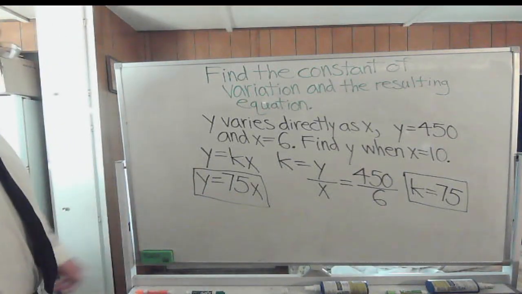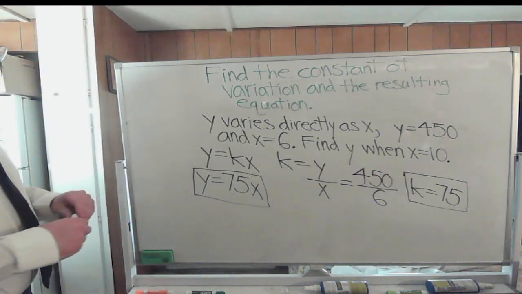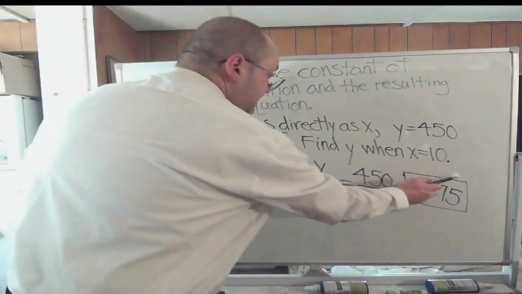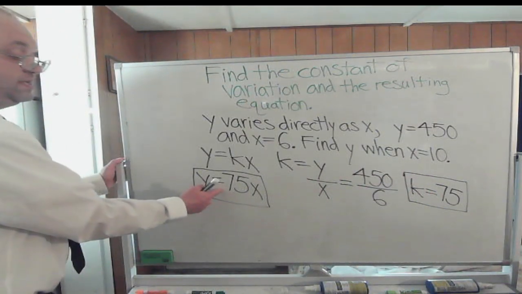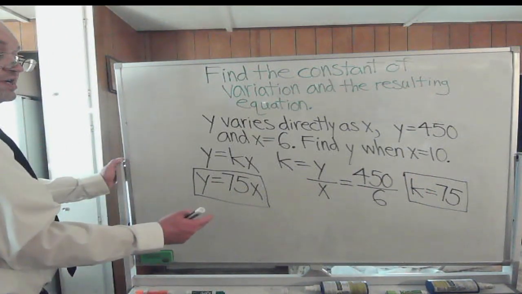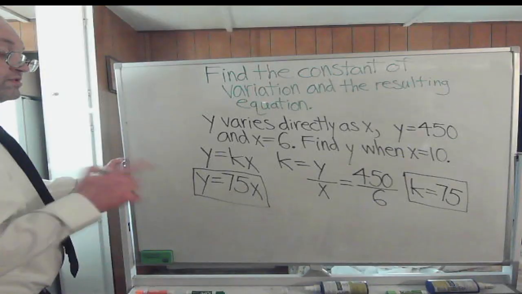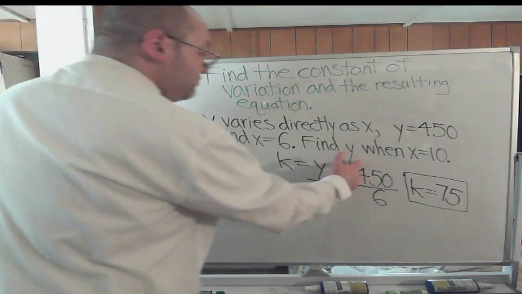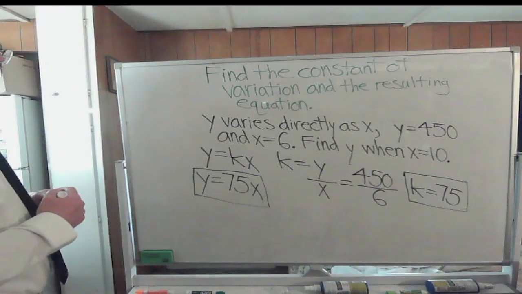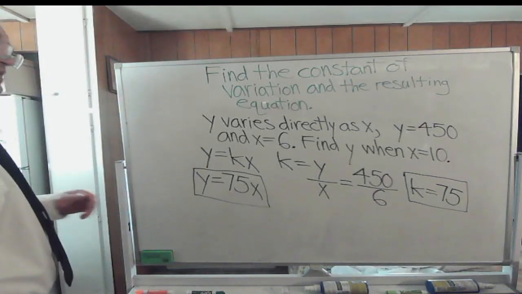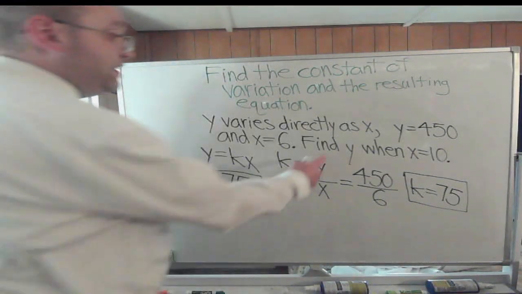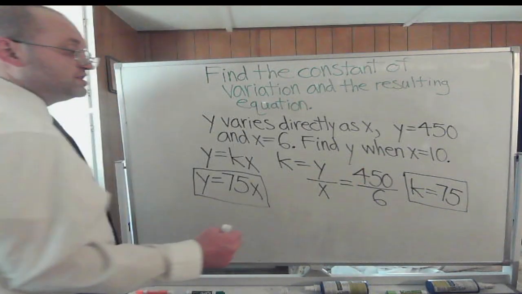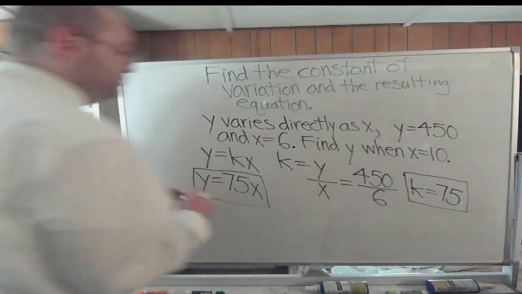But there is actually a third part to this. So we found the constant of variation, we found the new equation that involves the constant of variation. Now the last thing, they want you to find the value of y when x equals 10. So once you found your constant of variation and the new equation, you can finally pay attention to the last sentence, find y when x equals 10.